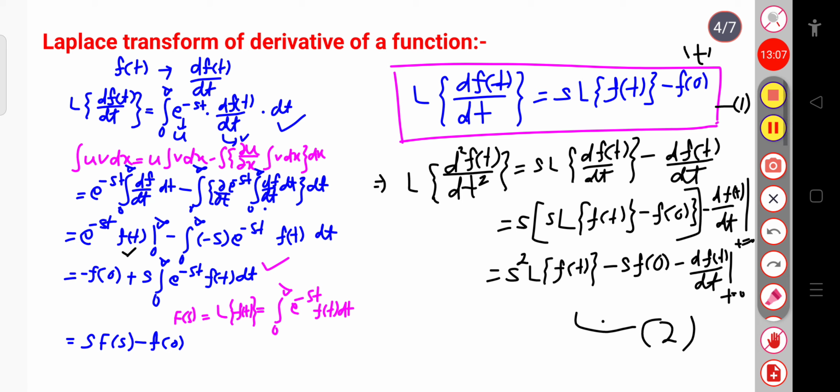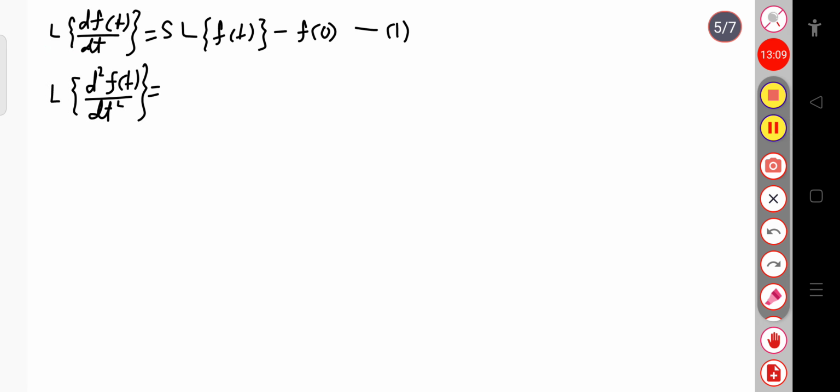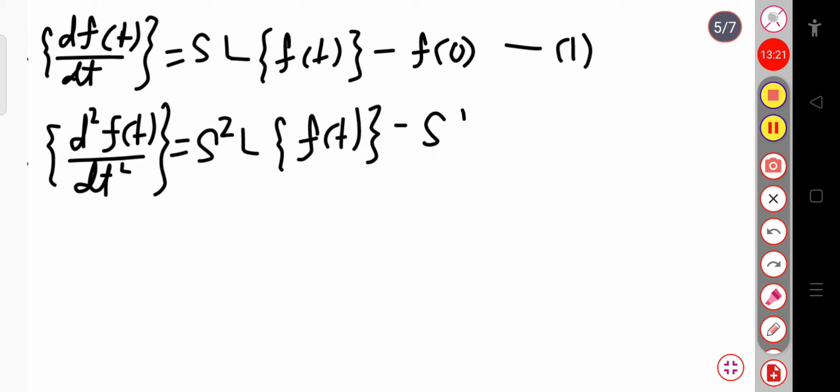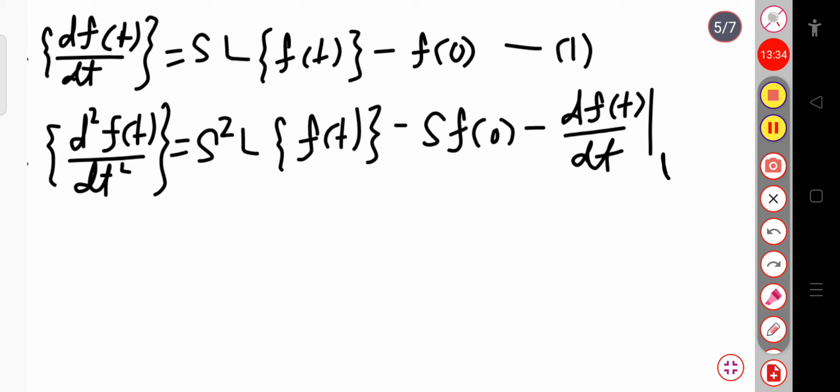So this will be equal to a square times the Laplace transform of f of t minus s into f of 0 and minus df of t divided by dt at t equal to 0. Okay, this is our equation 2.